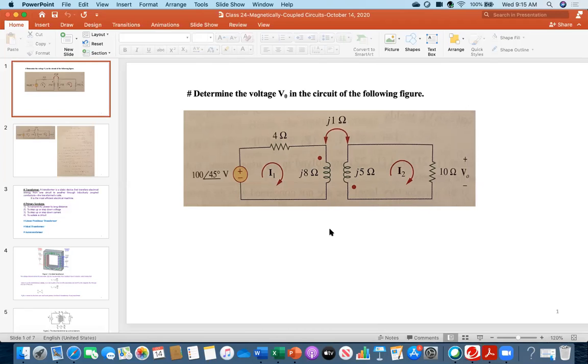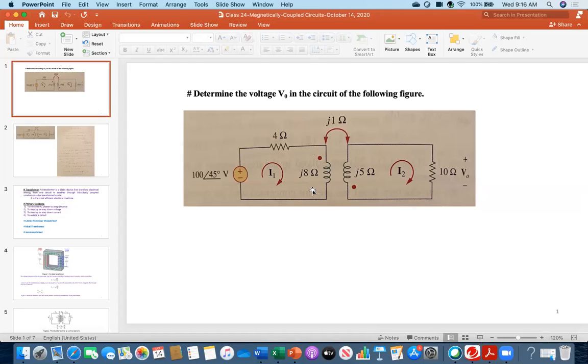So this is entering at the dotted point, and this is entering at the dotted point. Or both are leaving the dotted point, for example if this dot is here and this dot is here as well, the current direction is still the same. If this dot would be here, then I1 is leaving the dotted point, and I2 would definitely be leaving as well. Which point of the coil has the dot is important.